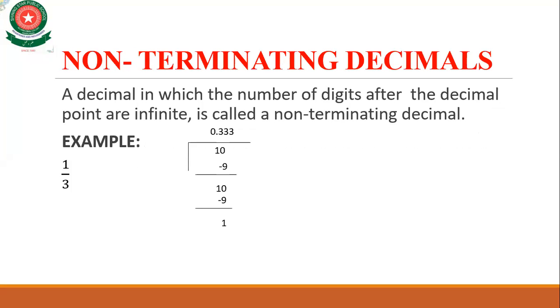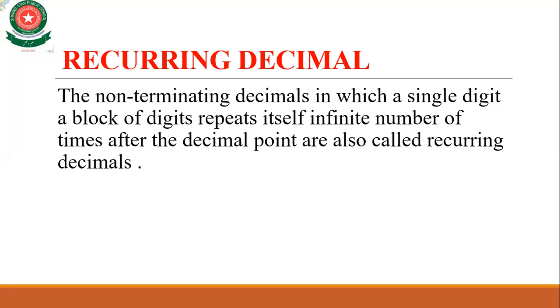Here again you can see 0.333 and so on. This division cannot be completed because it is non-terminating and the same digit 3 will repeat many times. So we can say 0.33 is a recurring decimal.